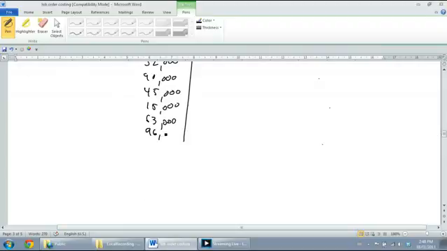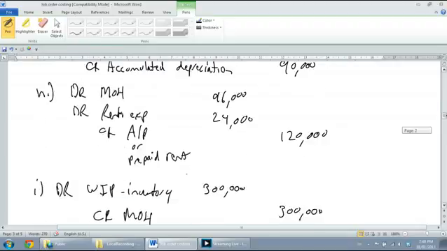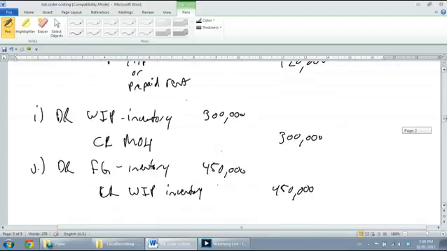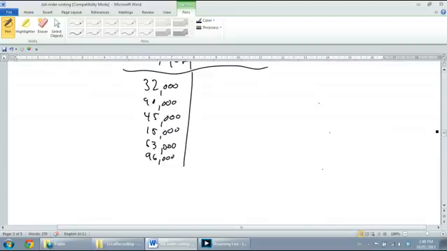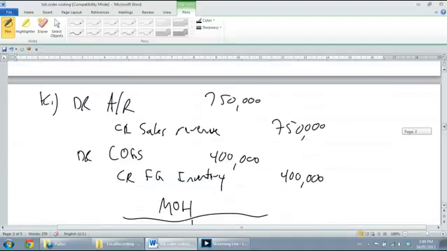Debit overhead 96,000. And that's it. Oh no, I, credit overhead 300,000. I, credit overhead 300,000. And in J, no, and K, no overhead.